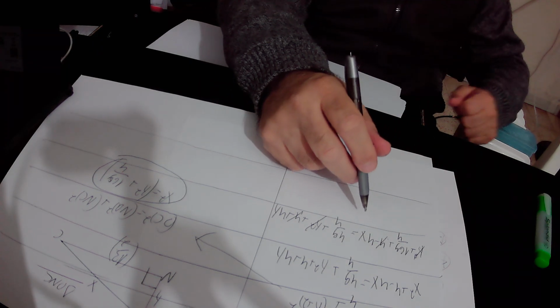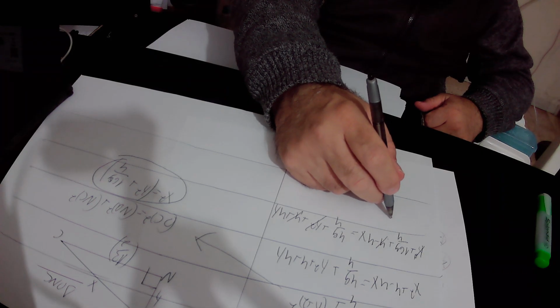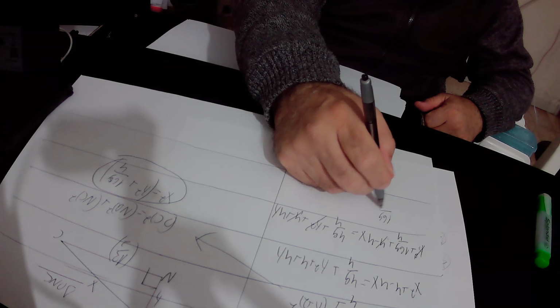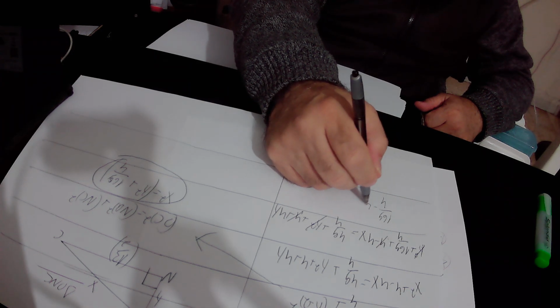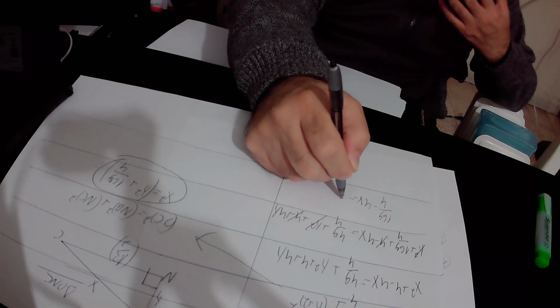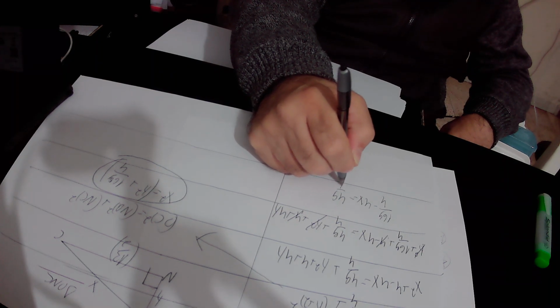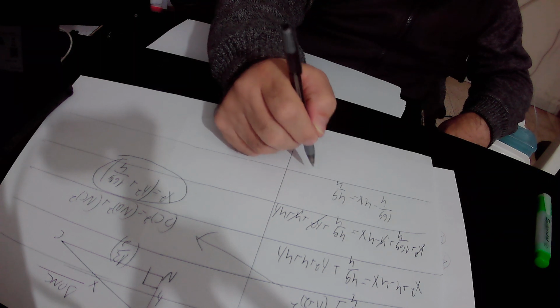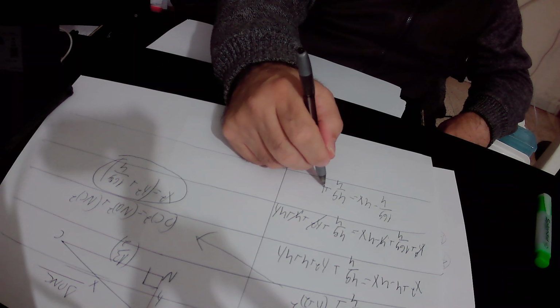And on this side of the equation we are left only with 169 over 4 minus 4x, that is equal to 49 over 4 plus 4h.